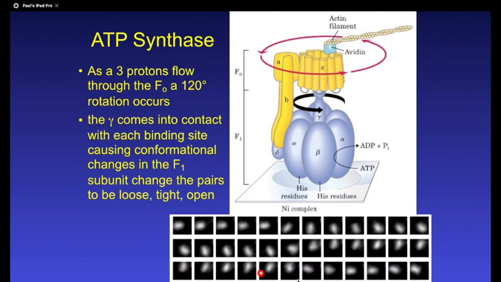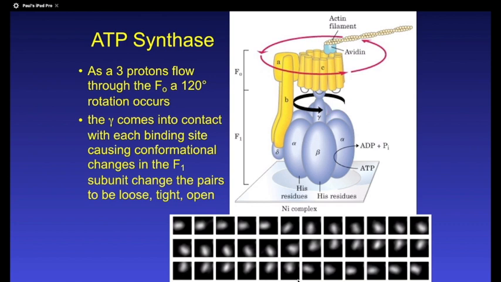And then they added some acid and it transitioned back into the original orientation. So as protons flowed through, it rotated itself around. Okay? Now what really happens here, as this rotates, remember there are three proteins on the inside.